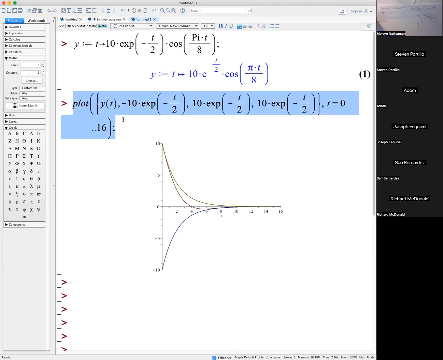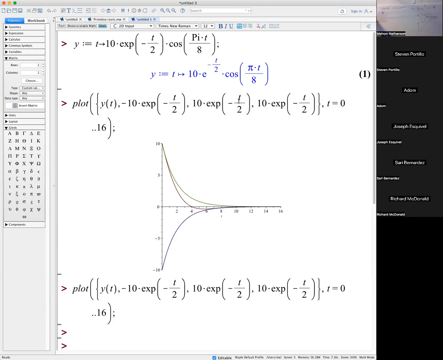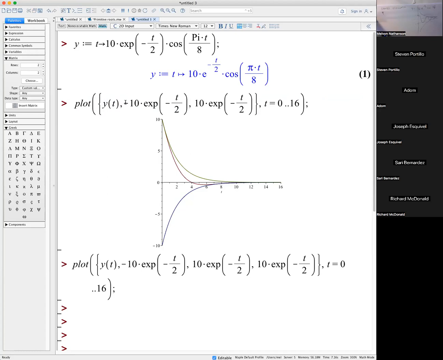So just so we can understand this a little better, let me plot this. Oops. I have this twice, which I don't need. So let me plot it without the y of t. So this is just this exponentially decaying function and it's negative, and the cosine, the oscillation, will fit inside of here. So let me put that here.